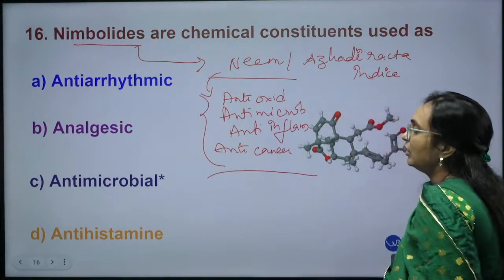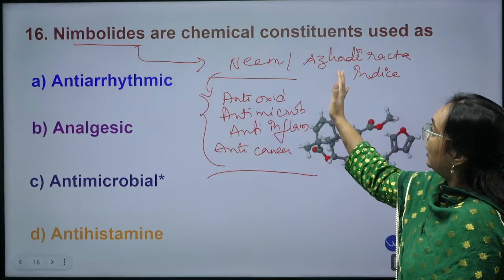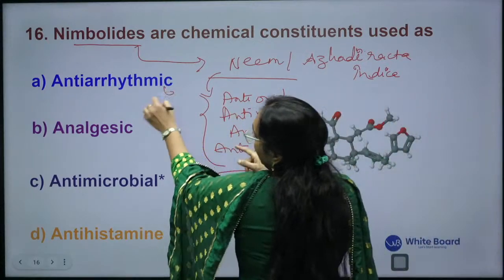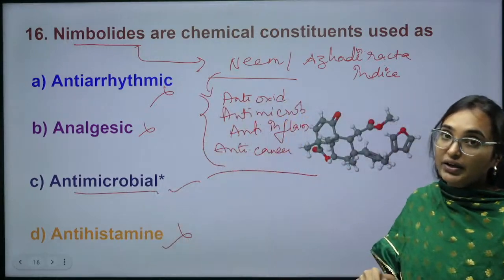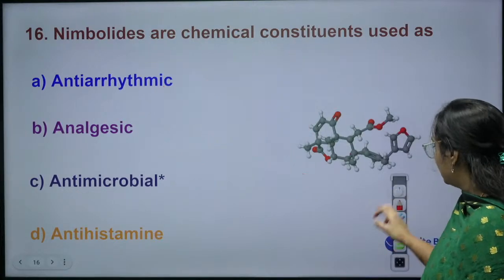Different uses are there. Nimbolides are seen in neem, and this is not antipyretic or analgesic or antihistamine; it is exactly having antimicrobial properties. So, the answer is C. Next question.